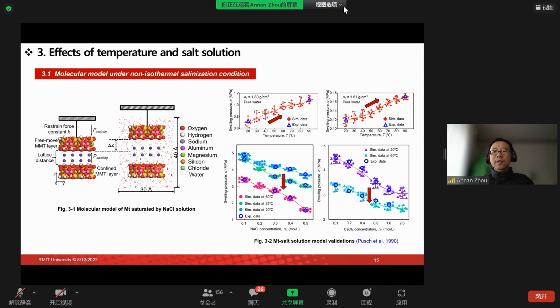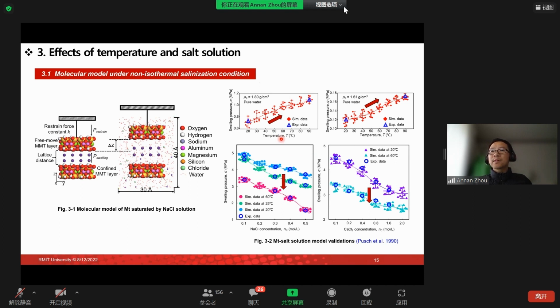The top two figures present the swelling pressure of montmorillonite saturated by pure water at different temperatures. For each case, we run the molecular model 10 times and the average values are calculated. We can see our model can capture the swelling pressure at different temperatures very well compared with the experimental data.